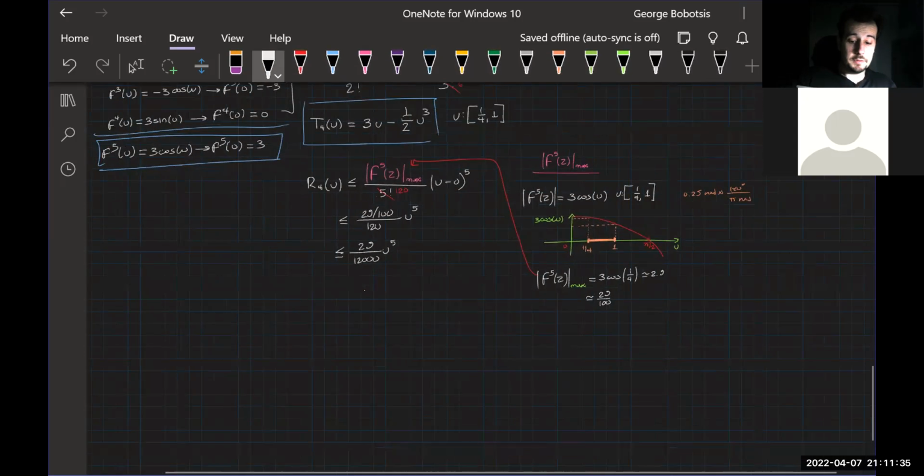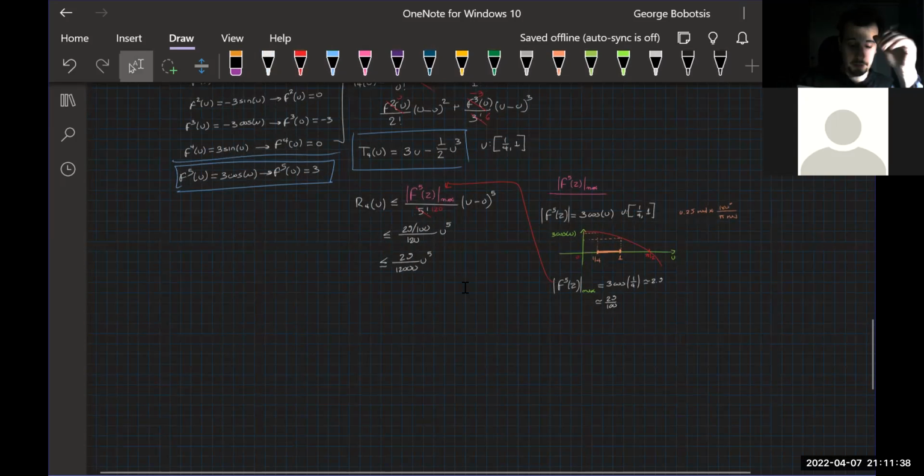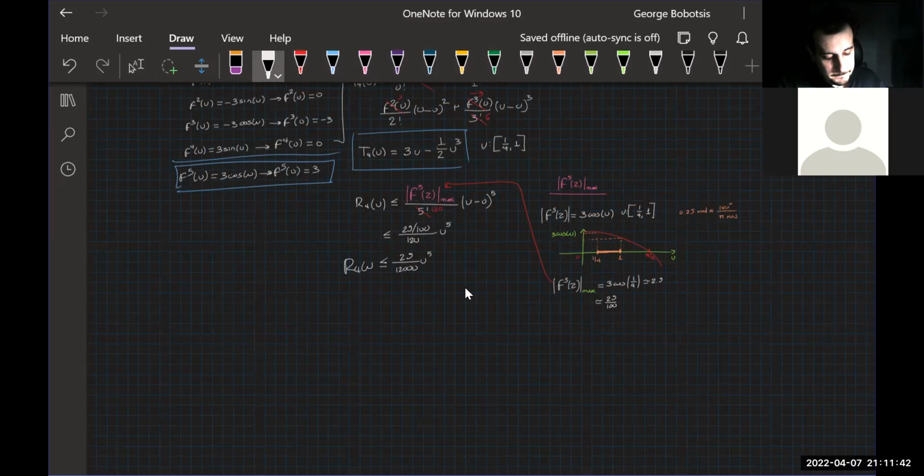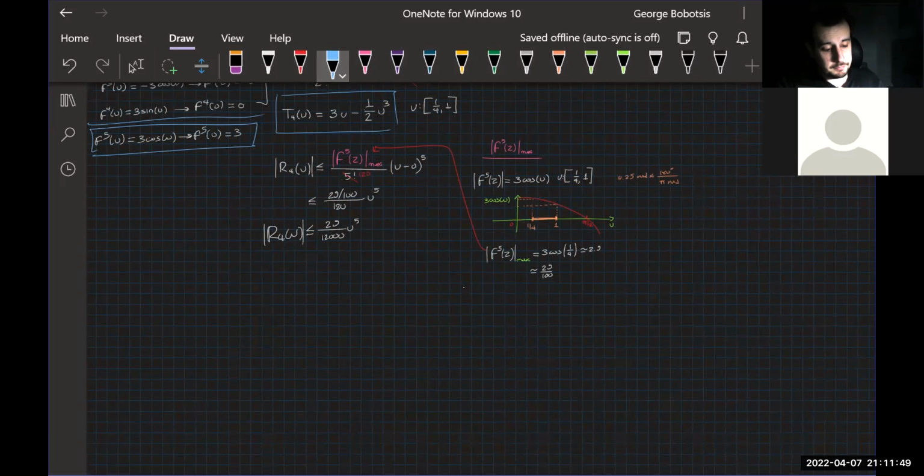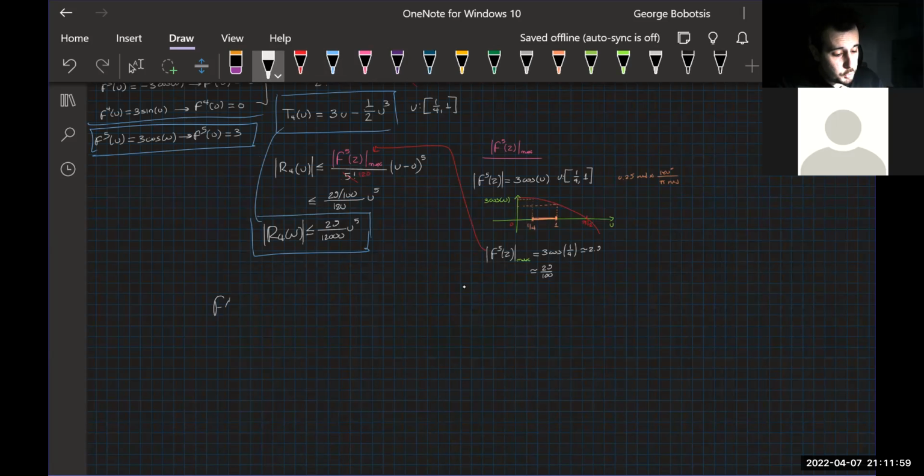And so how are we going to apply this to the integral now? All right. Bear with me. So again, the size of the error we have found. That means if we combine the info about T4 and the remainder, f of u can be thought of as the fourth order approximation plus or minus this error.